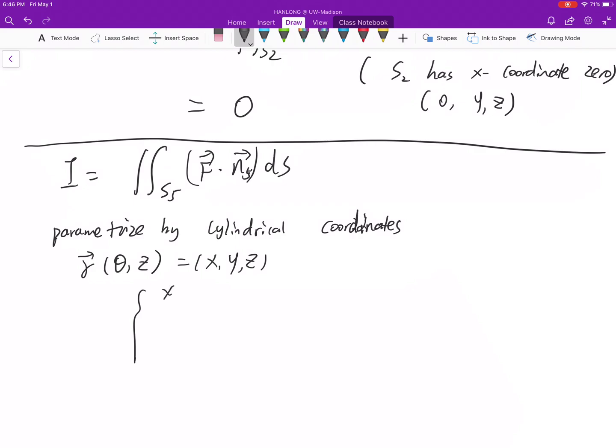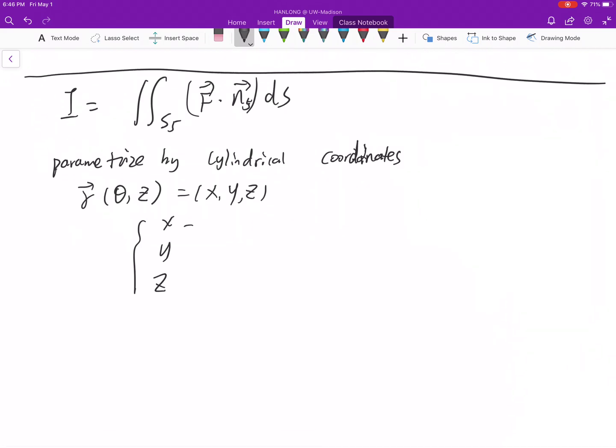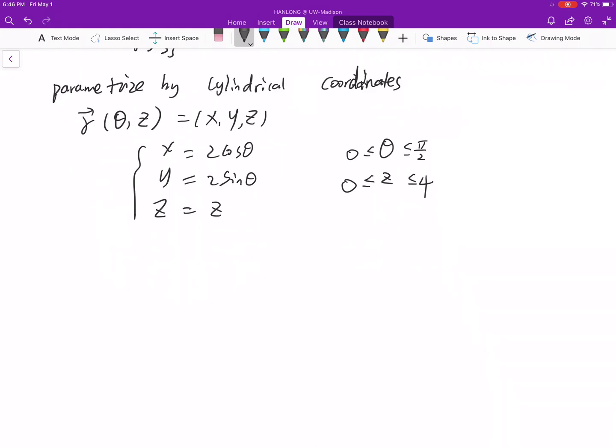And more explicitly, X is 2 cosine theta, Y is 2 sine theta, Z is Z. And also, theta is from 0 to pi over 2, Z is from 0 to 4 by the condition.